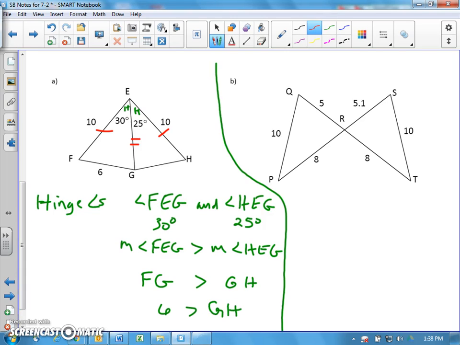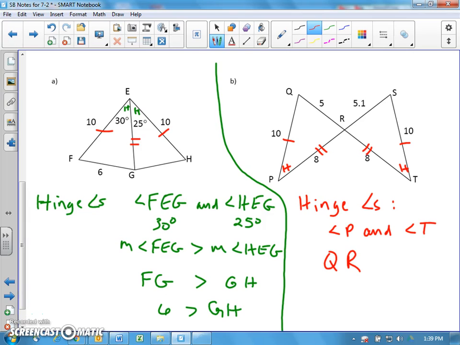Now let's look at B. For B, I'm noting that these two sides are congruent because they're both marked 10. These two sides are congruent because they're both marked 8. That makes my hinge angle the angle that connects those two. So my hinge angles would be angle P and angle T. The side across from angle P is the side QR.